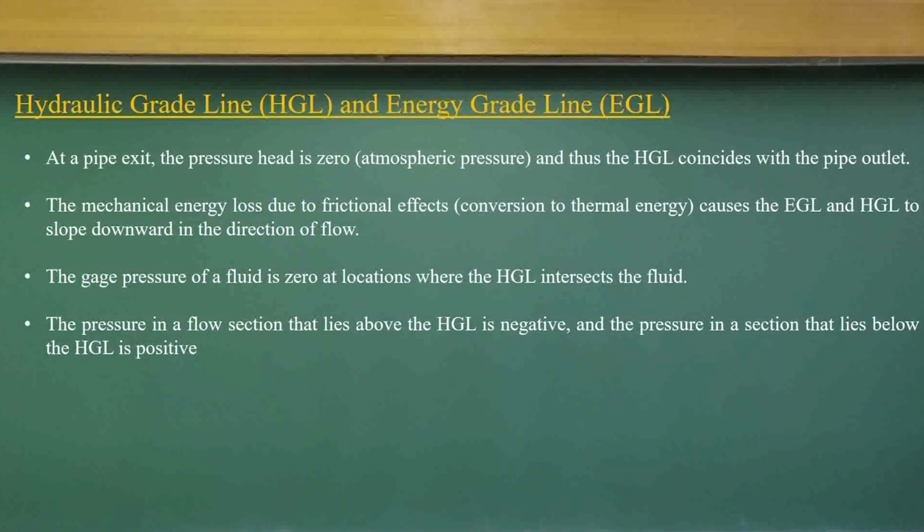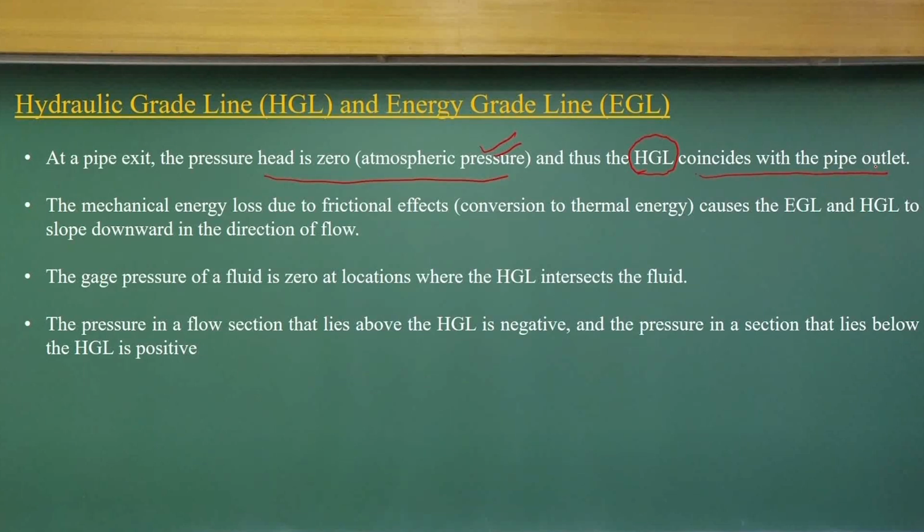Now, a very basic thing we should understand: when you have a pipe exit, that means flow is going out, the pressure head becomes atmospheric pressure, no doubt about that, and that is the reason the hydraulic gradient line coincides with the pipe outlet.